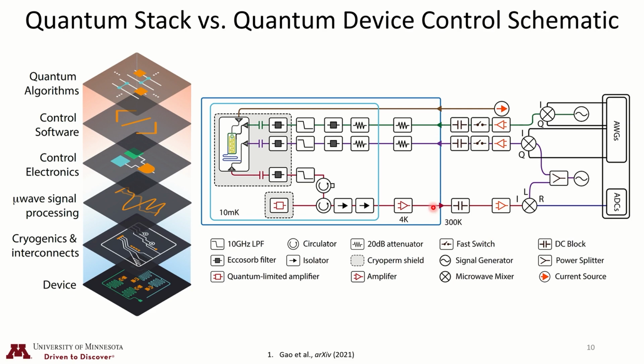And here these two blue boxes are representations showing that you can place the components inside of a cryogenic chamber, a low temperature chamber. In this light blue box there's 10 millikelvin temperature, so it's really cold here. And here's the quantum chip itself connected to all of these interface components.